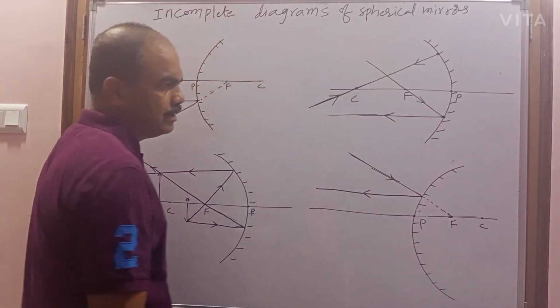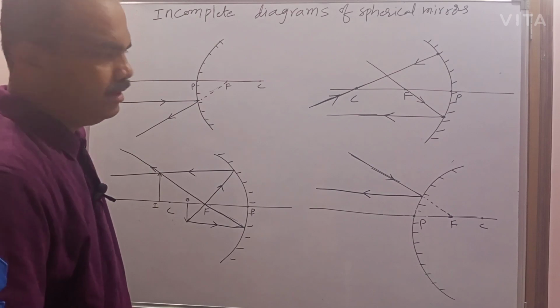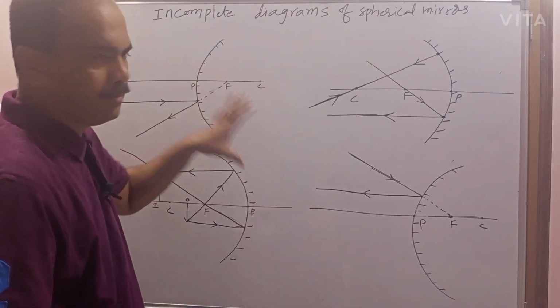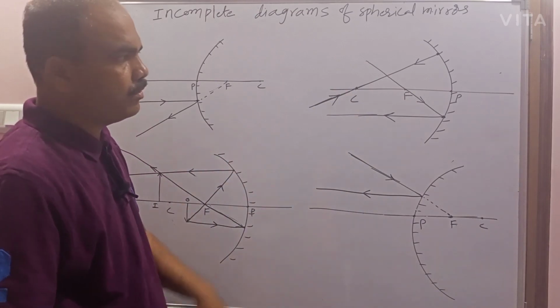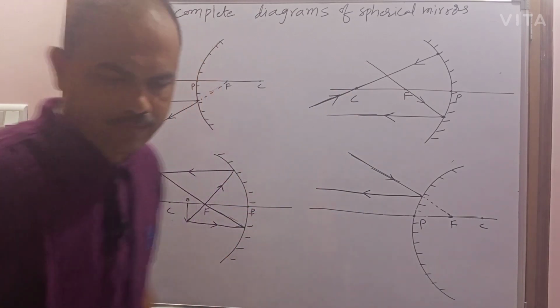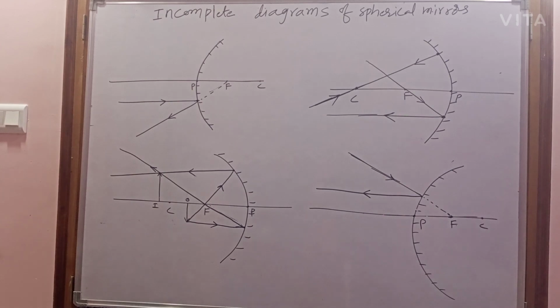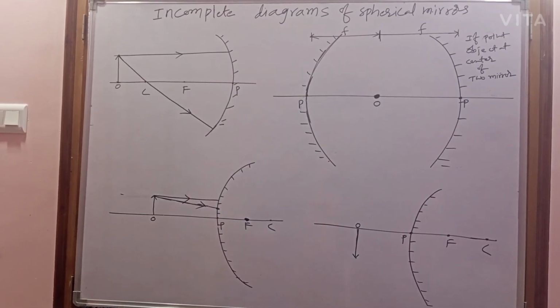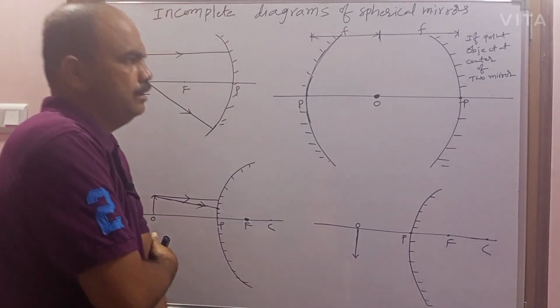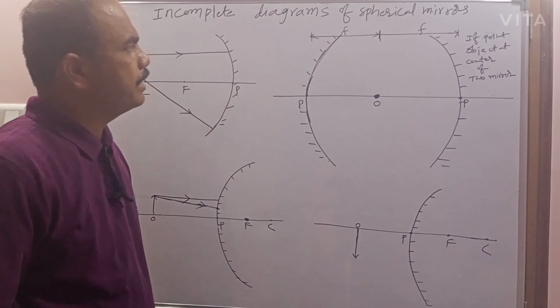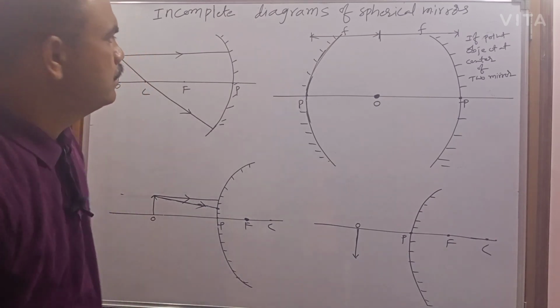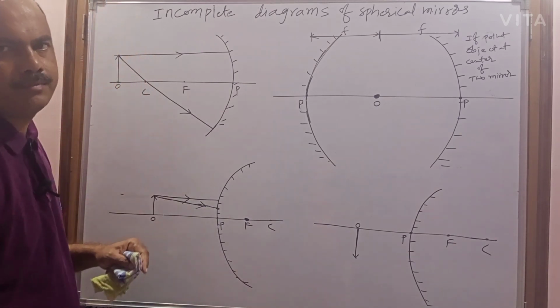So this is the method, or procedure, to complete the incomplete diagrams of spherical mirrors. Next I am going to some other examples. If an incomplete diagram is given like this, now come to this diagram.